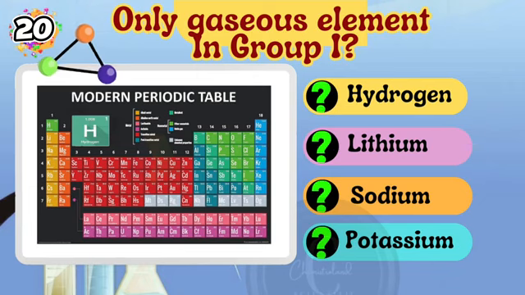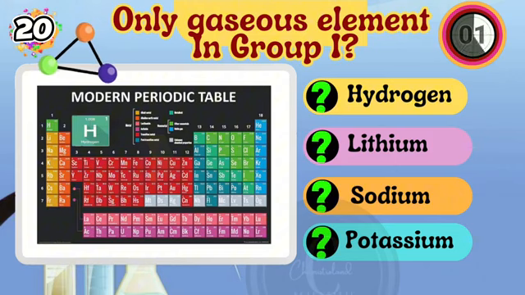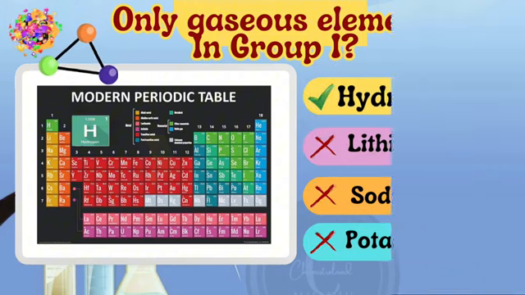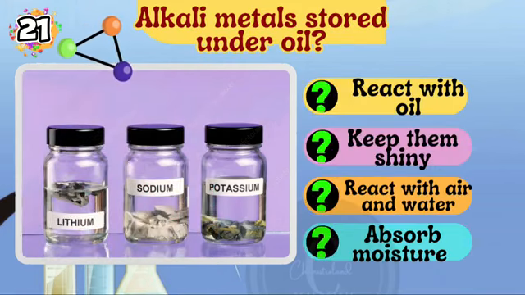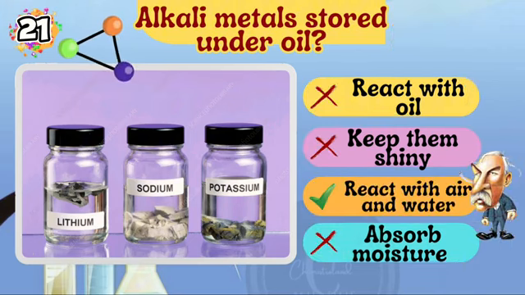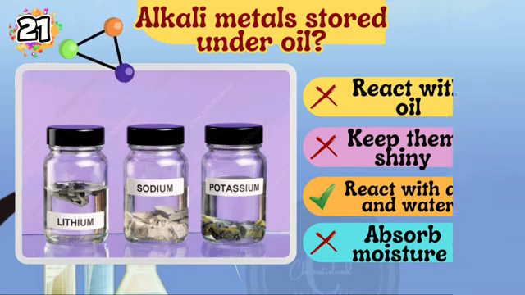Only gaseous element in group 1 is... hydrogen is the only gaseous element in group 1. Why alkali metals stored under the oil? The reason is they react with air and water very easily.